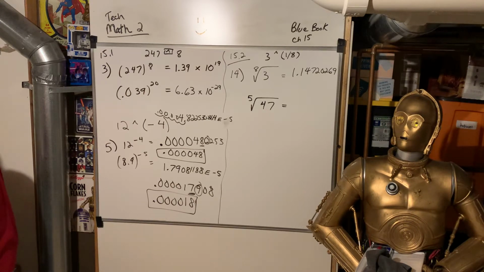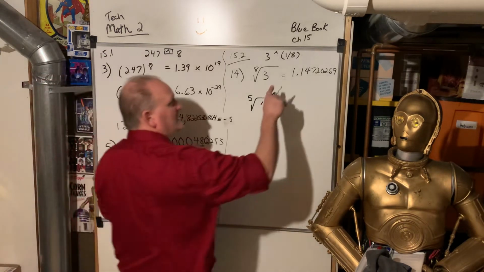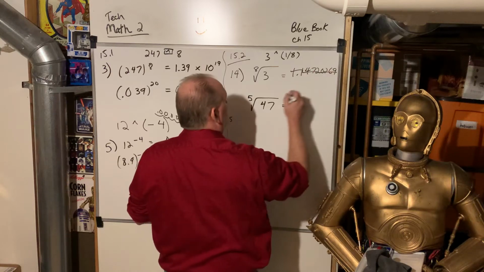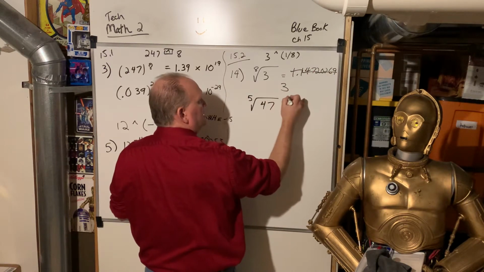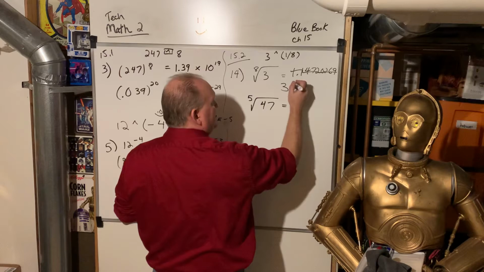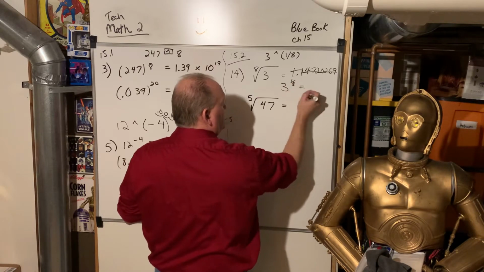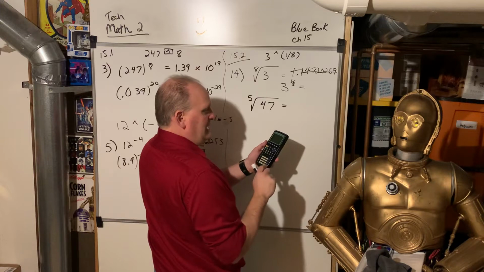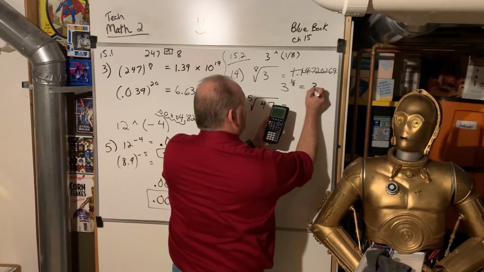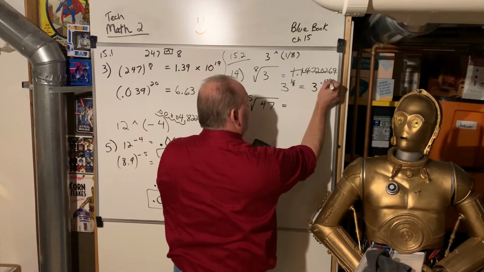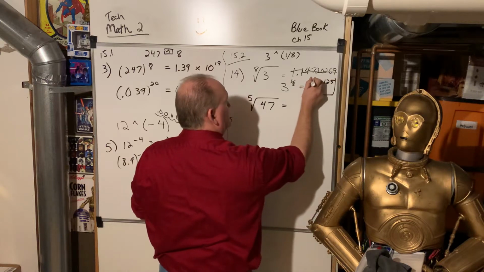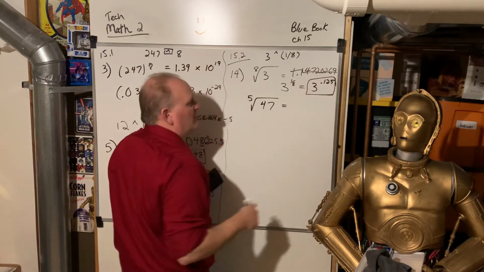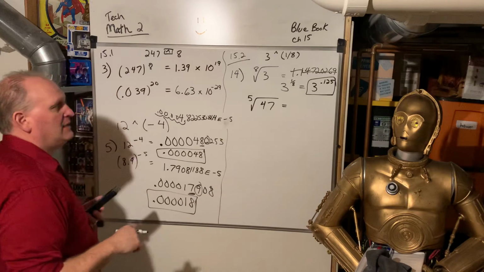So write each one as a decimal. Shoot, I went right to the answer. They didn't want this answer. They wanted me to go like this. 3 to the 1/8 power, which that's not a decimal, that's still a fraction, I understand. So we do 1 divided by 8 on our calculator. That is 3 to the 0.125. This is what they wanted. They didn't want the actual 1.47. Jumped the gun.